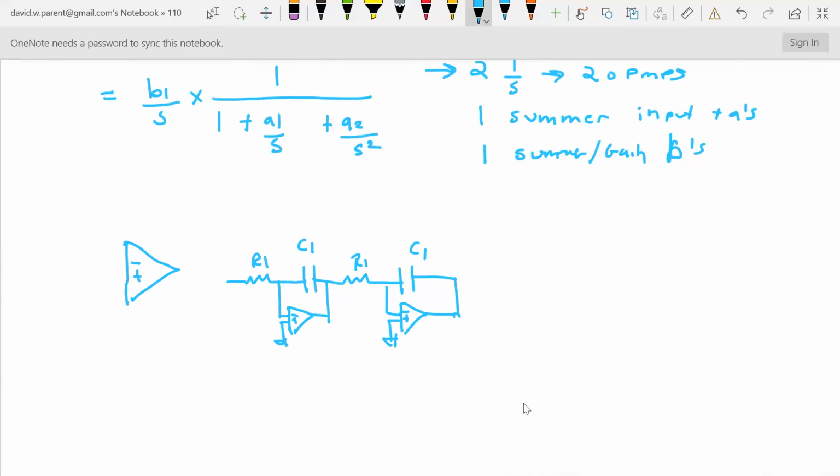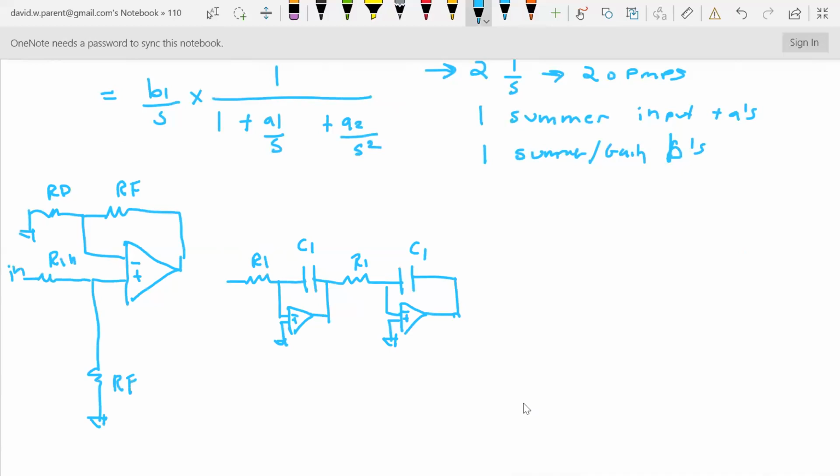Here's my summer. I'm just going to put in 1 dummy resistor, if you will, right there. That is RF. And I'll put that RF, and there's my N. Now this is that first summer.